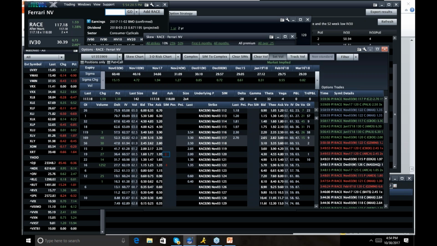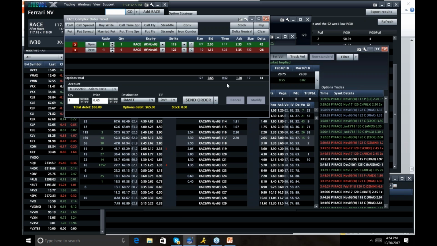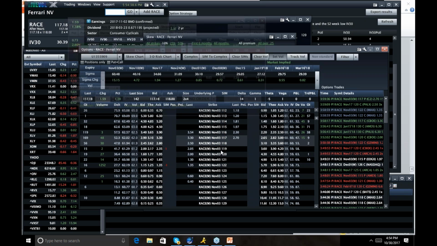I would be a buyer of like the 120, the 119, 122 call spread. I can probably get that done for less than $1. That is not bad. And then I'll look up here to see if there's anything else expensive.